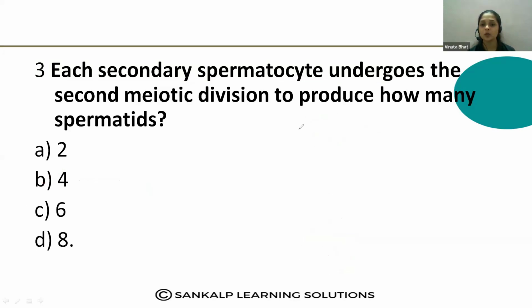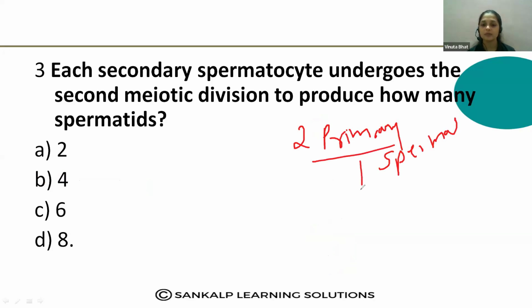If you take 2 primary spermatocytes, and these 2 are undergoing meiotic division, how many spermatids are produced?